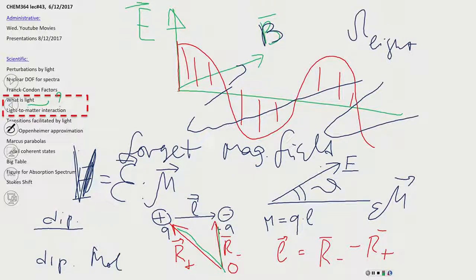The simplest thing: if it were a charged molecule, it will just start moving back and forth with the field. But if it is a neutral molecule, the net charge is zero. But there are positive and negative charges. They can be offset in space. And how do you call two charges which are offset in space and separated by some distance?